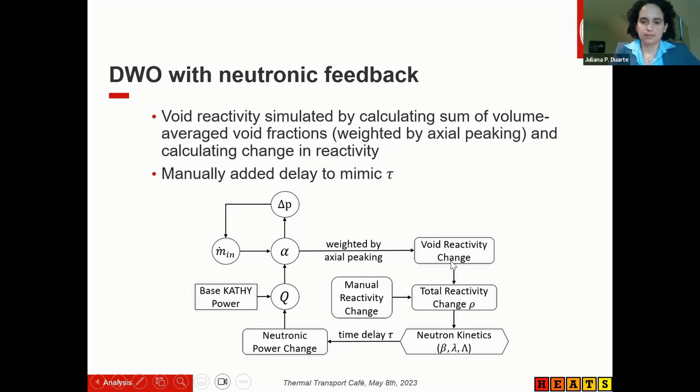The void fraction changes the void reactivity, the reactivity of the core, and then changes the power, which again changes the void fraction and the mass flow rate. So this is a generic schematic of what is happening during the experiment.